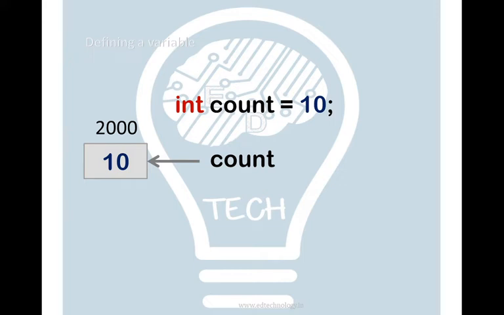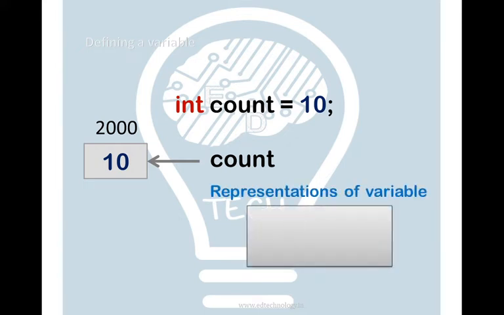This is how variable definition happens in memory. The representation of the variable in the background is that we have a name of the variable, a value of the variable, and the address of the variable.